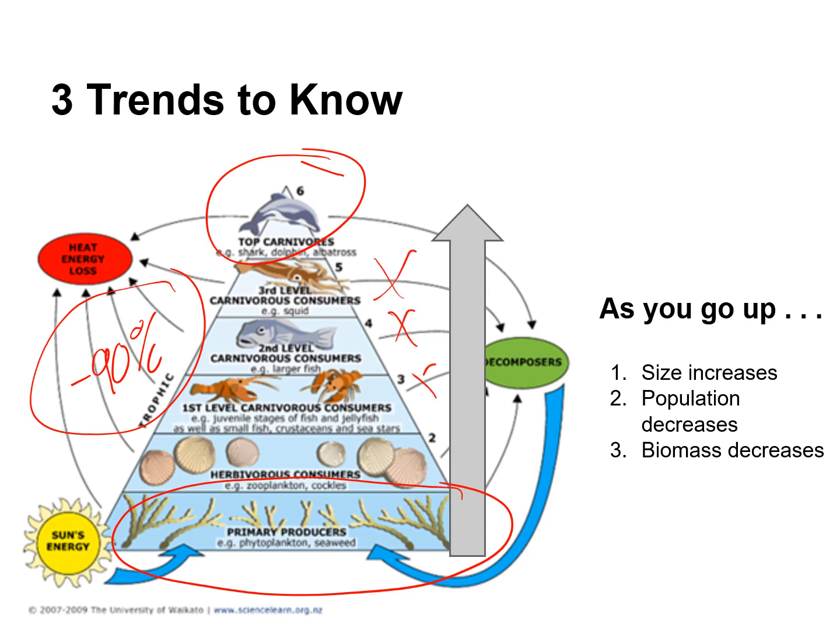So that's why your population is going to go down as you go up. And it's why your biomass also needs to go down as you go up, because in order for all those other levels to have enough energy, you need to have a lot of the energy available at the level below it.